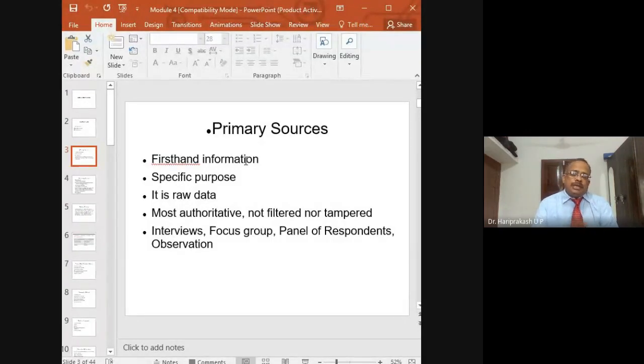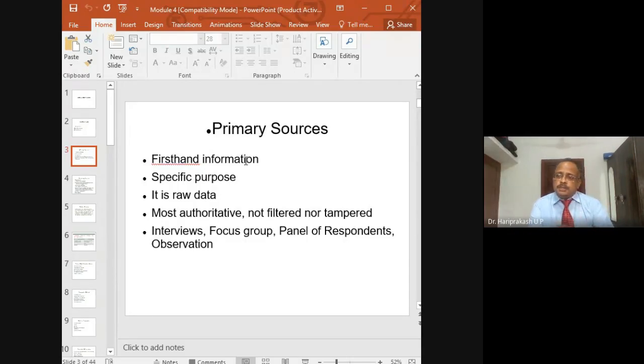When we were discussing exploratory research, if you remember, we said that exploratory research mainly depends on secondary data. So we can do exploratory research based on secondary data. What does secondary data mean? Secondary data is collected through the secondary sources.